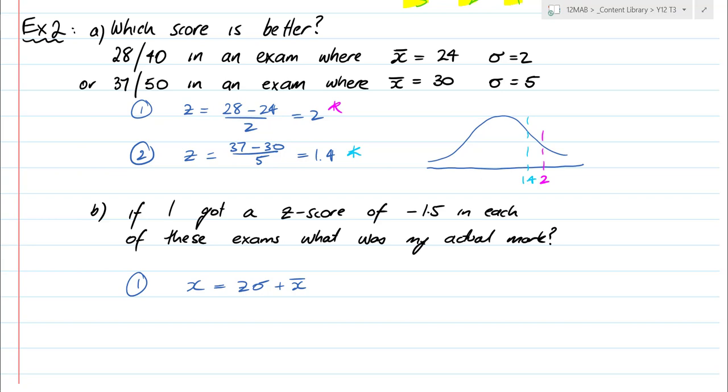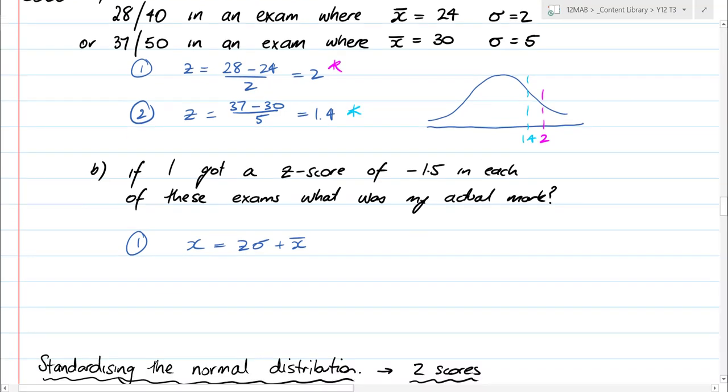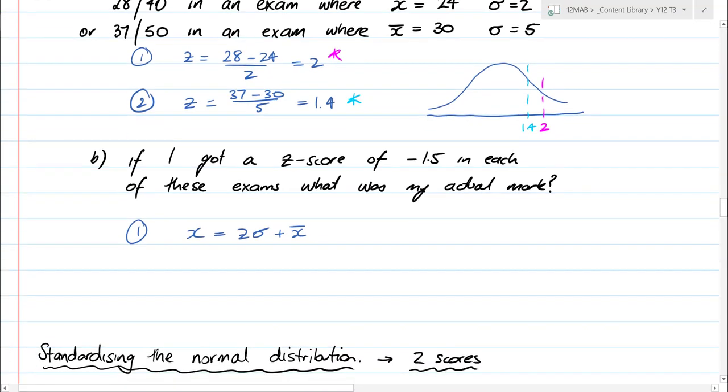So negative 1.5 is my Z-score, and for person number 1, X is equal to negative 1.5 times 2 plus 24, which is equal to 21. For the second person, X is equal to negative 1.5 times 5 plus 30, which is equal to 22.5.